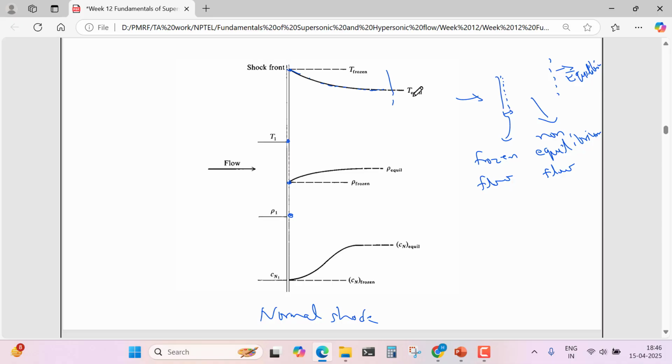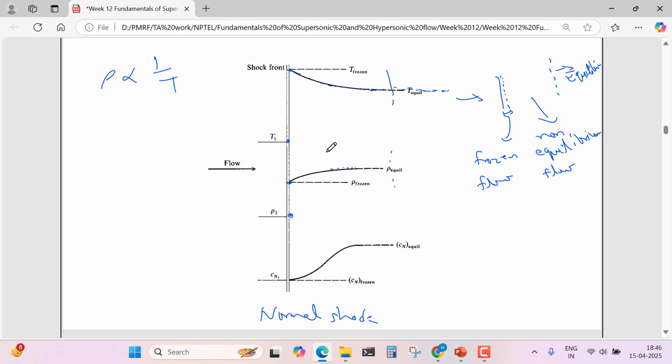When equilibrium is attained, temperature will remain constant. Now, as rho is inversely proportional to temperature, if temperature is decreasing, then density will increase. So density will increase inside the shock layer till we attain equilibrium.